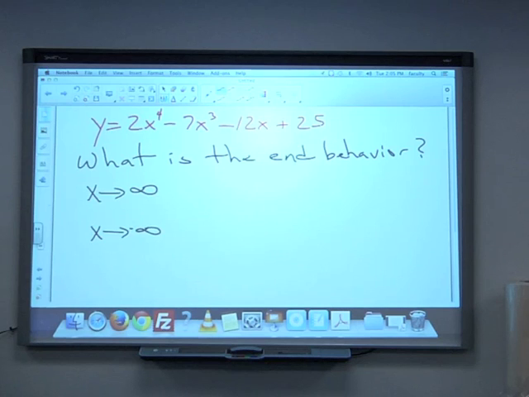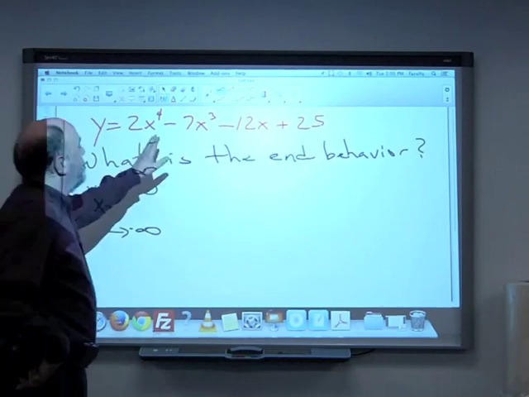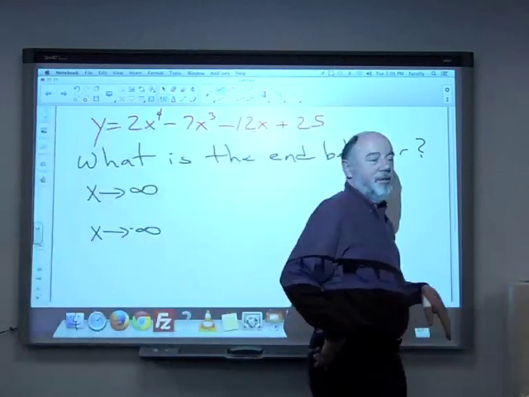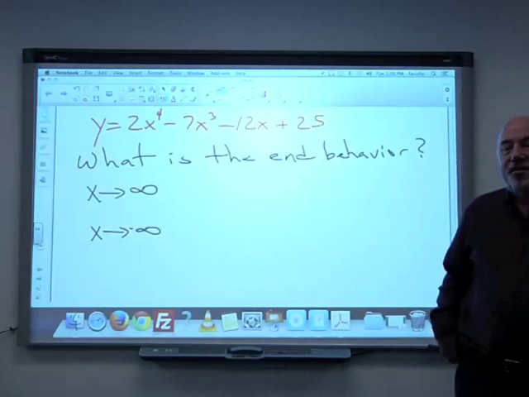So when x goes to infinity, what value is y going to take on? Infinity, right? After all, as x goes to infinity, none of these other terms matter when x is really large.